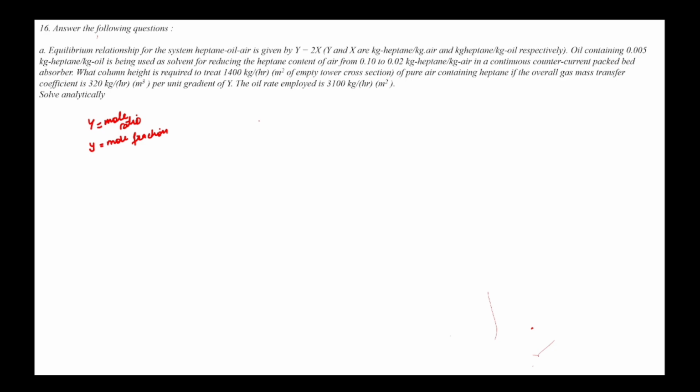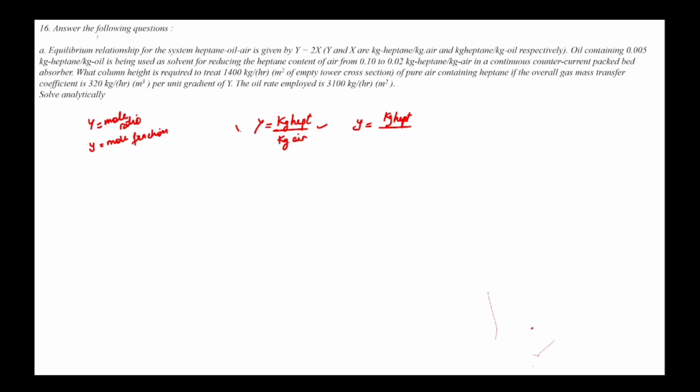Here in this question we have kg heptane per kg air. This is mole ratio, the ratio of moles of heptane to moles of air. Small y is the mole fraction of heptane.